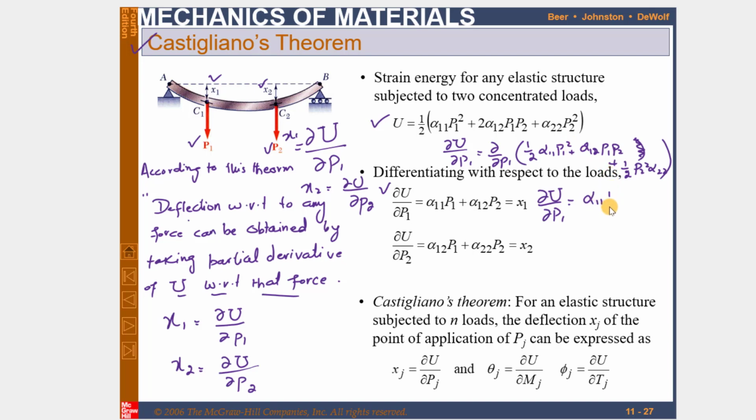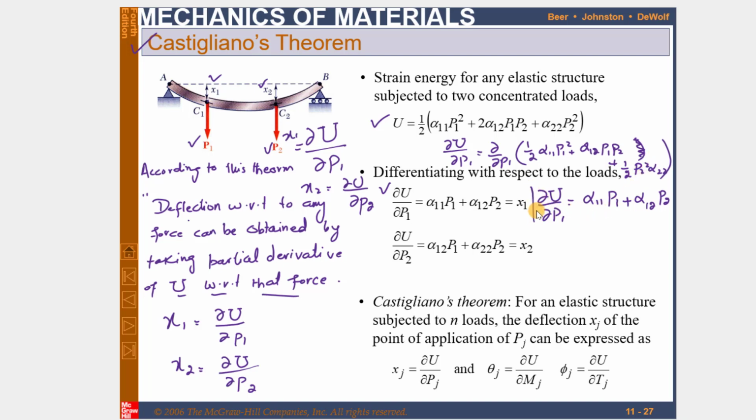So A11 into P1. Clear? Here you can see there is a P1 term, so this will be equal to A12 into P2, because the partial derivative of P1 over P1 is 1.